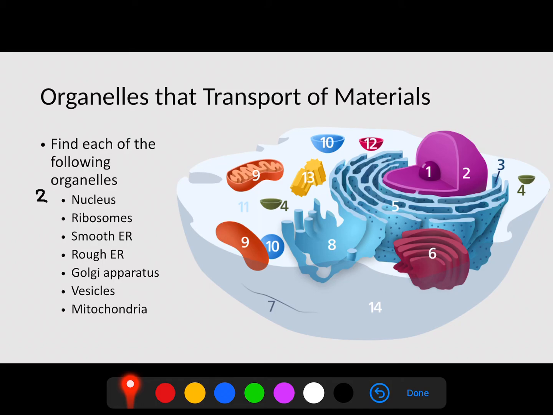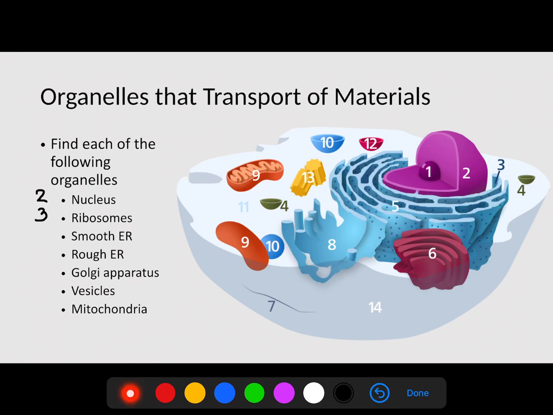So ribosomes, I believe what they're pointing to is number 3 here. The ribosomes are every single one of these dots on the outside of the rough endoplasmic reticulum. So remember, smooth ER is the one that doesn't have dots on it. Here's the whole structure, the endoplasmic reticulum.